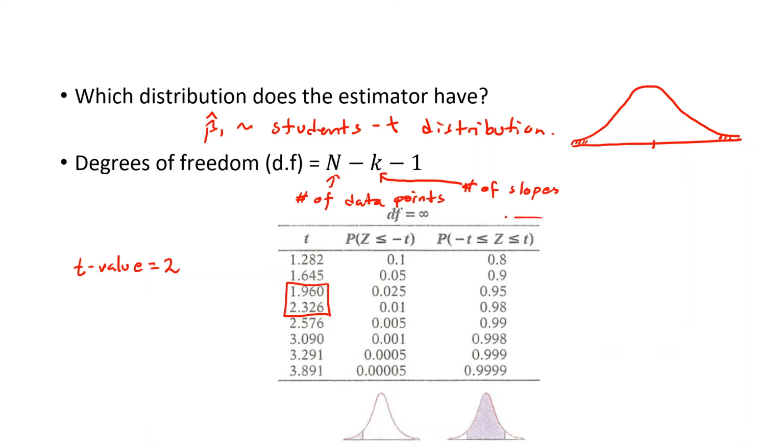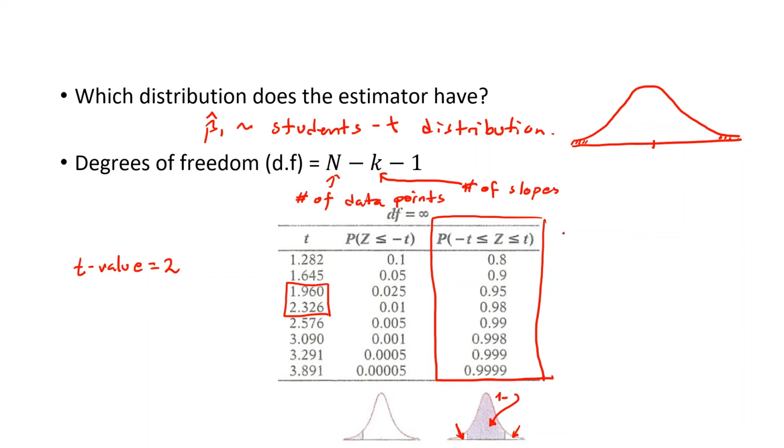So if we use the two-sided test, and remember that the probability in the tails equals 1 minus the central distribution, right?